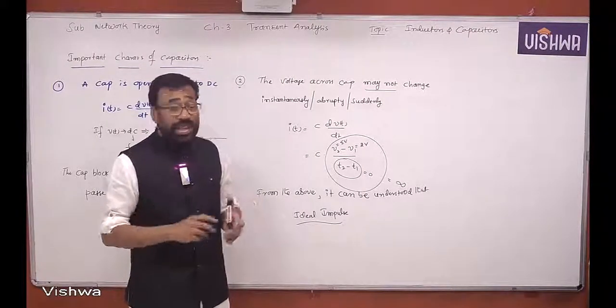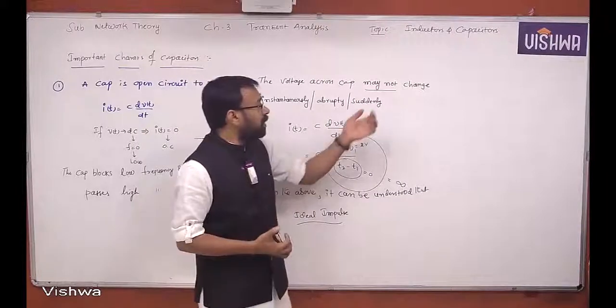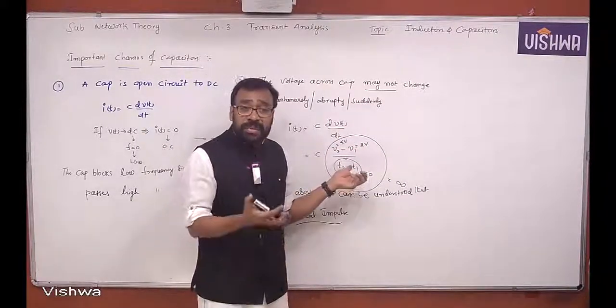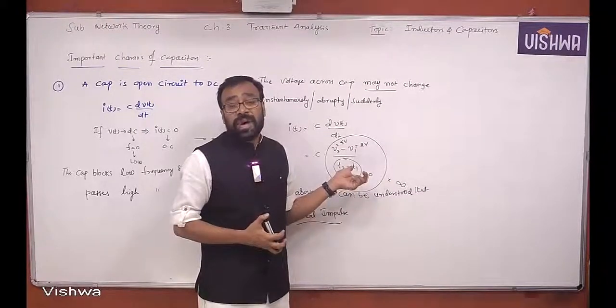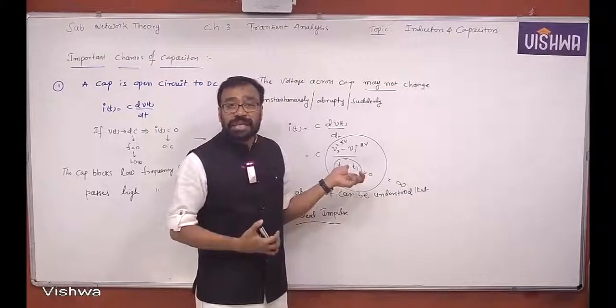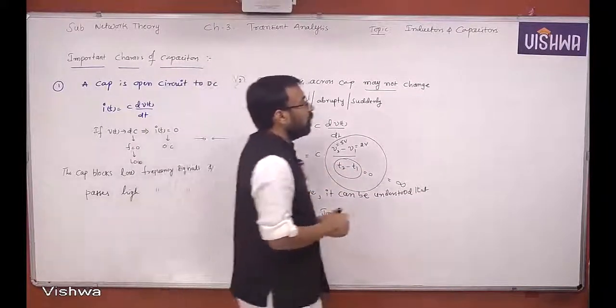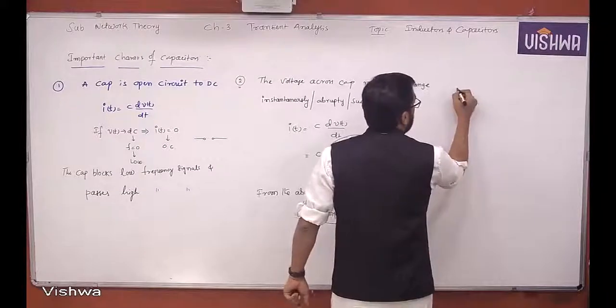So in such cases, what will happen if you are really able to pass ideal impulse current? There are certain problems involved in sending ideal impulse current through the capacitor also. I'll discuss all the problems later. Now it's very clear. So therefore, you can note this down.